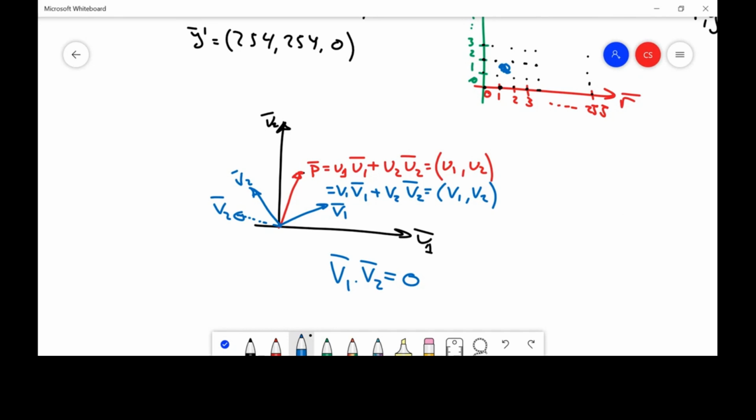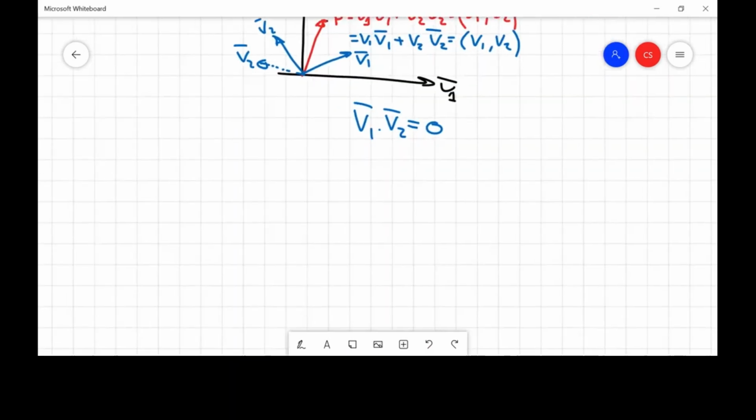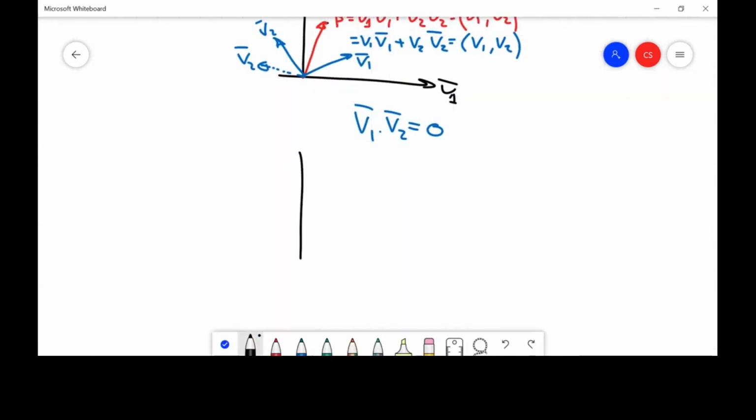I use an extra coordinate. Okay, so let's make a new drawing. So I have this point, that is the one that I want to represent. But now my basis will be this one. So I want to express it as a function of 3 vectors. So now I have v1, v2, and v3. So now this point can be expressed in many ways.